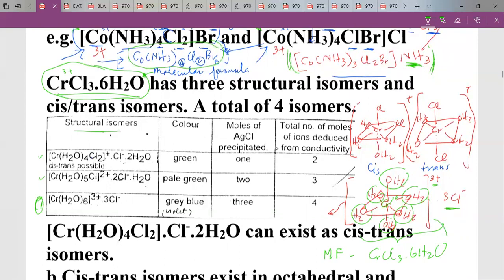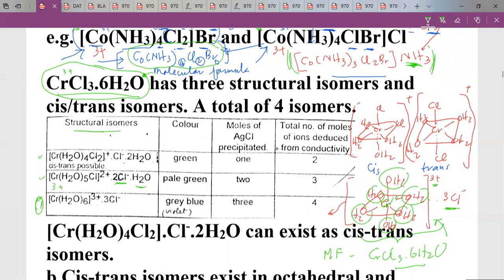This one is the first structural formula of this molecular formula, which is the complex ion here. Now, the second one is when one of the chlorines goes inside and exchanges 1 mole of water here. So 2 chlorine minus remain here and 1 water comes out here. And then 1 chlorine enters here. Okay, Cr(H2O)5Cl.